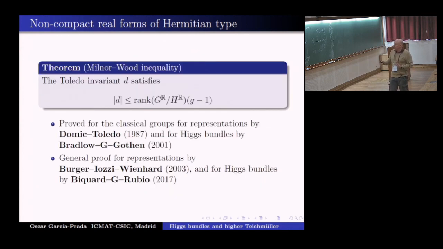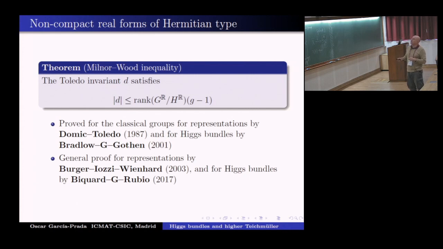And so here is a generalization of the Milnor inequality: this Toledo invariant is bounded by the rank of the symmetric space, or the rank of the group if you want, times the genus minus 1, right? Of course in the case of SL(2,R) this is 1, so we recover the Milnor inequality. This was proved over the years by Dupont, Toledo, and Turaev also gave a proof for the real symplectic group.